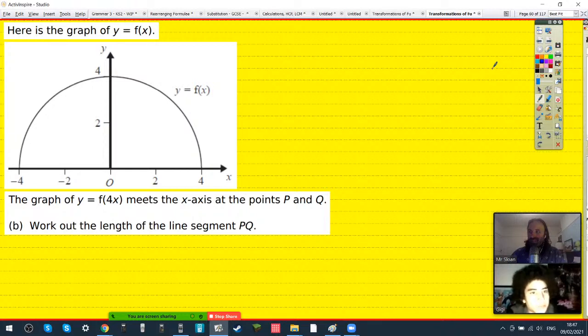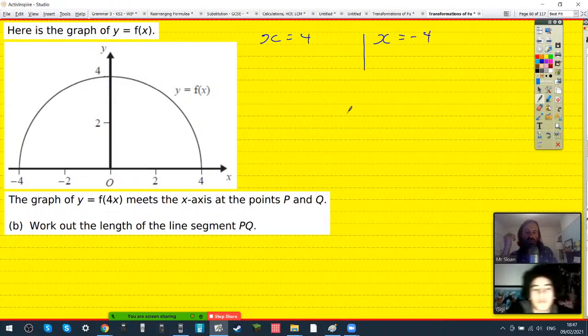I'm not sure. 4x. So what is x currently for these points? 4 and minus 4. X equals 4. X equals minus 4. Okay. What will this do? Become 1 and minus 1.